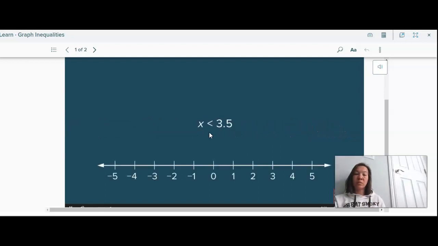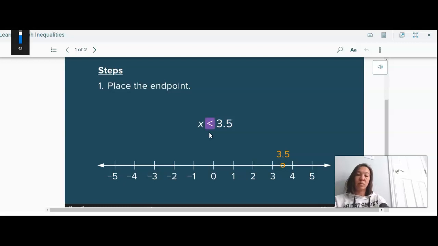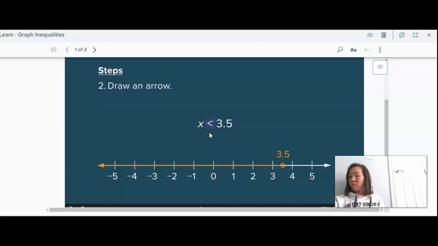To graph the solution set of the inequality, start by placing an open dot at 3.5. For an inequality that includes a less than or greater than symbol, an open dot is used to show that the number is not a solution. Next, draw an arrow from the endpoint. To show that values less than 3.5 are solutions, draw an arrow that points to the left.